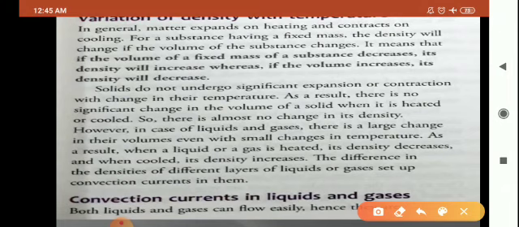So children, as I already told you, the formula is density rho is equal to mass upon volume.